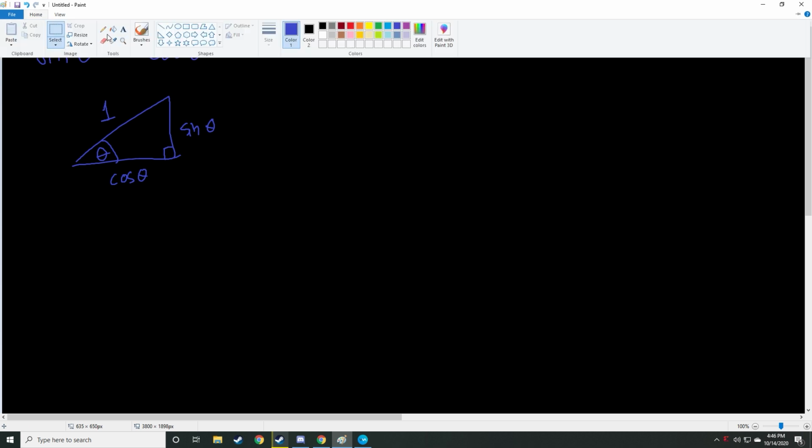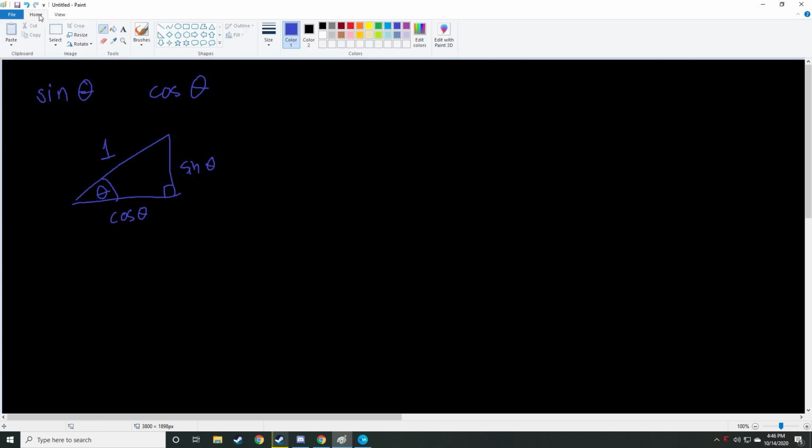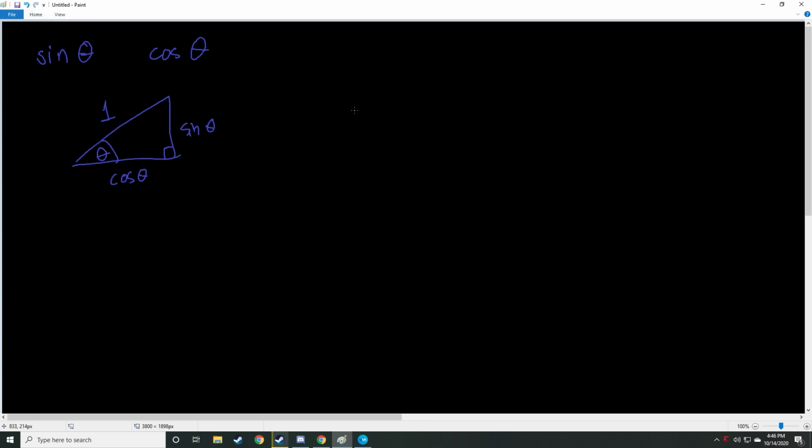And for this one, I kind of have an interesting way that I like to derive it. Let's actually use a brush here. Okay. So almost everyone knows that sine squared theta plus cosine squared theta is equal to 1, right? Now, why is this true? Well, this is true because of the Pythagorean theorem.